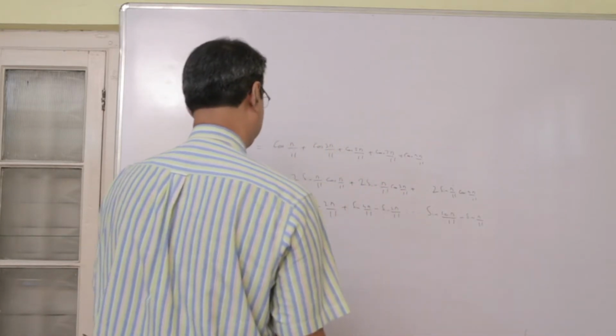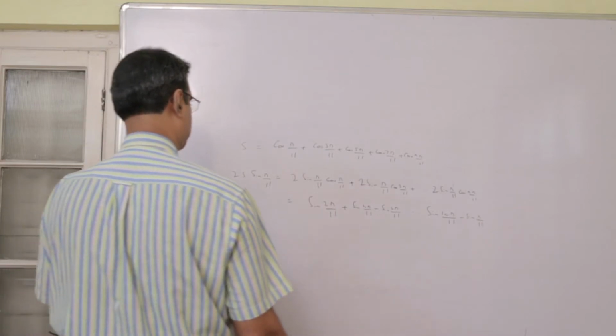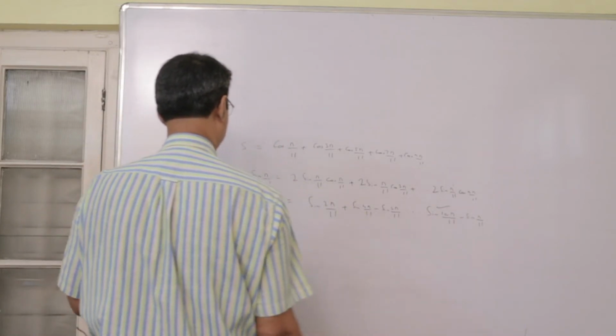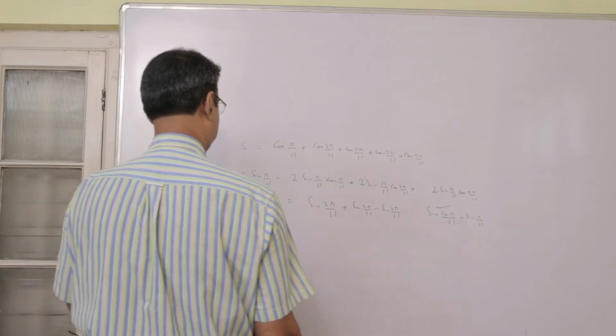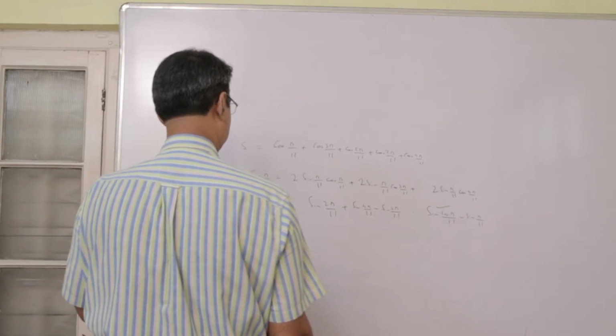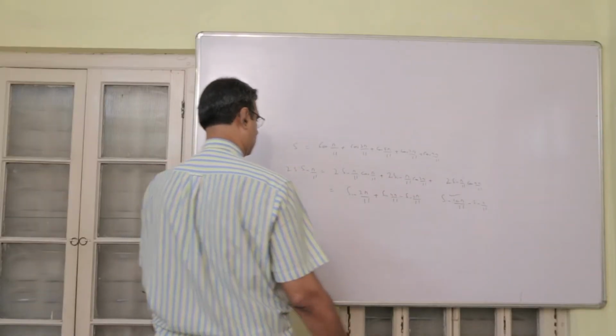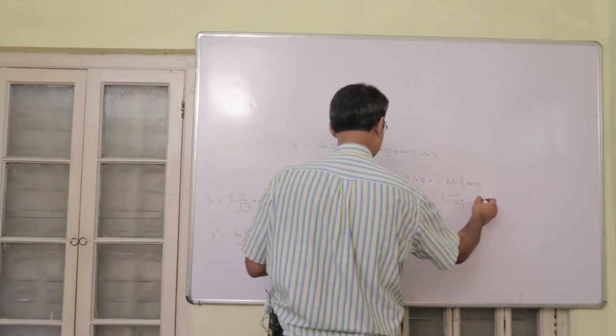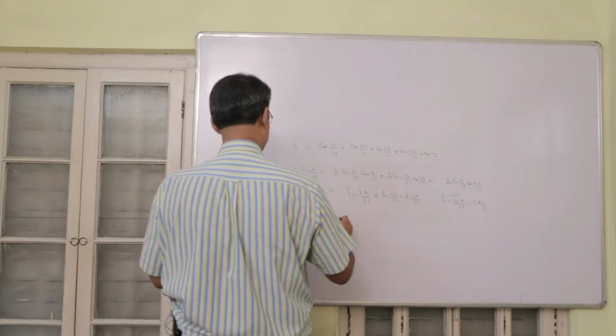So we will be getting a series which after expansion will ultimately give only one term, sine 10 pi by 11, and all other terms will cancel.